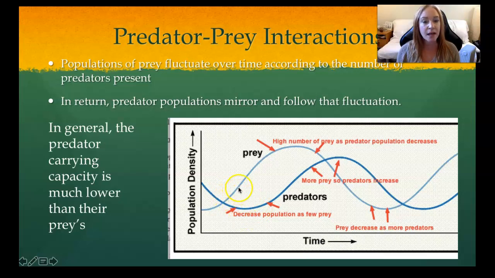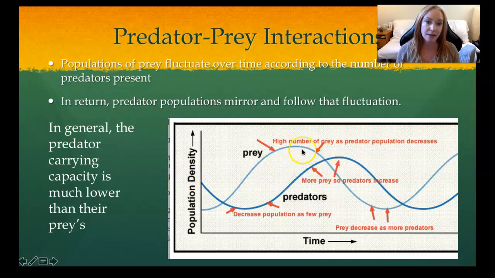And then as the prey's population numbers increase because their habitat is more supportive of them, they have enough resources, then shortly thereafter in time, we see predator populations increase as well as they are exploiting more and more prey. Okay? High number of prey, as predator populations decrease, more prey, predators increase as well. And then of course, we hit the carrying capacities for both of them, and they'll start to decrease.